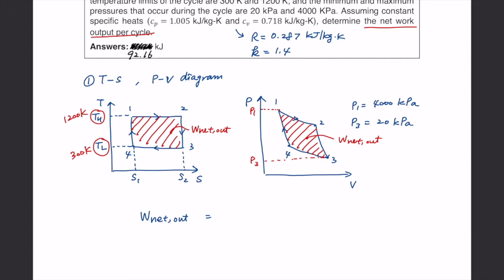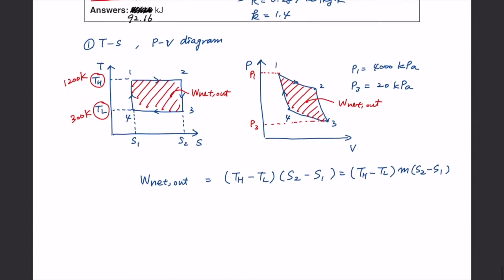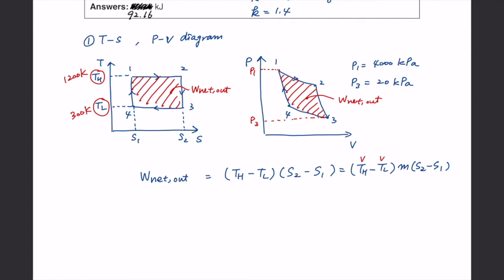So net work out of the Carnot cycle can be written as the area of the rectangle, that is TH minus TL times S2 minus S1. That is the same as TH minus TL times m times specific entropy S2 minus S1. Okay. Now we know TH, we know TL, and we know m, but we don't know S2 minus S1, the specific entropy change.